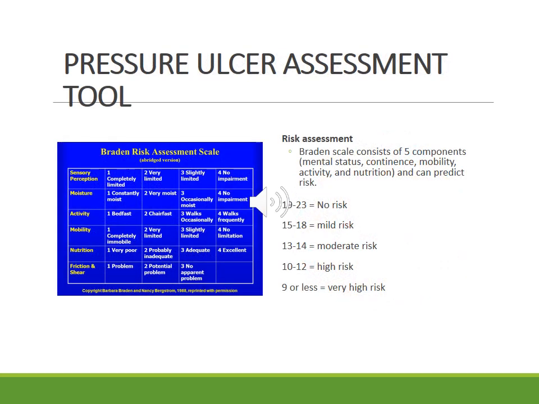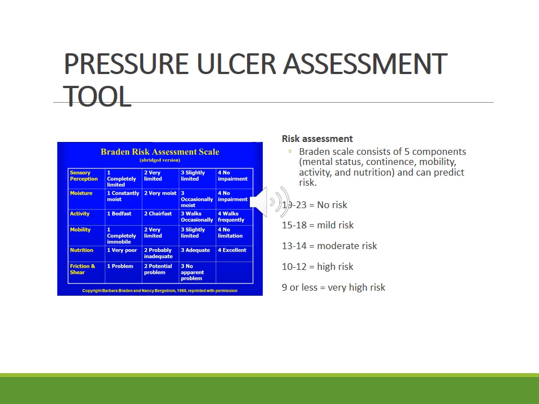We have the pressure ulcer assessment tool. You will see this used a lot in the hospital for anybody that could possibly be at risk for a pressure ulcer. The risk assessment that I've seen the most frequently is called the Braden scale. It consists of 5 components. We're looking at their mental status, if they're continent or incontinent, their mobility, their activity, and their nutrition.